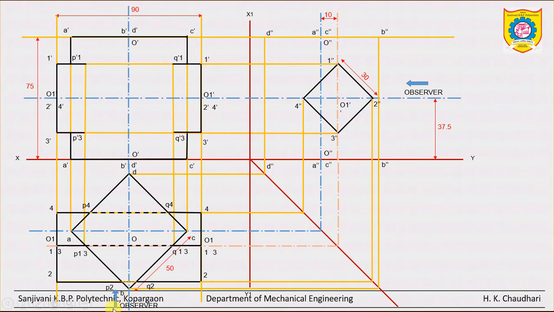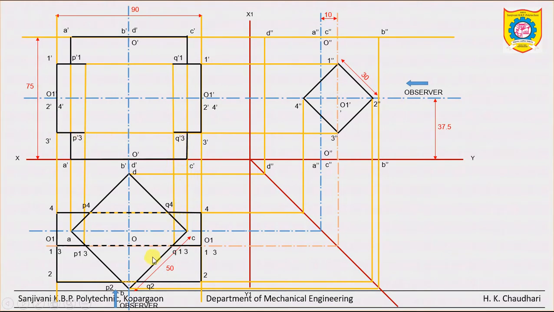So when we observe from the observer side, up to the point P1 the edge is thick. Clear? Thick means we can easily observe it because it is in front of this AB surface. So make it thick. We have made this line up to point P dash 1 thick. Similarly from this side also up to Q1. This part we made thick.